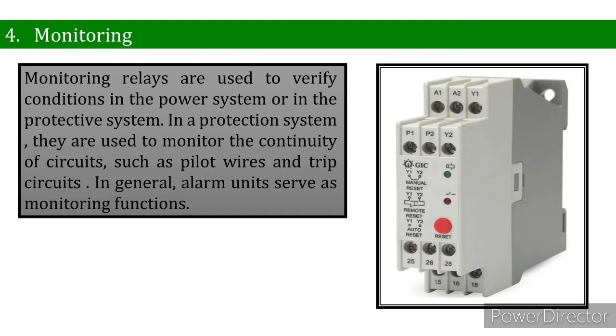In a protection system, they are used to monitor the continuity of circuits such as pilot wires and trip circuits. In general, alarm units serve as monitoring functions. So, in generating systems, we have different types of monitoring relays that monitor the whole system and generate alarms when it exceeds a certain value that is already defined.